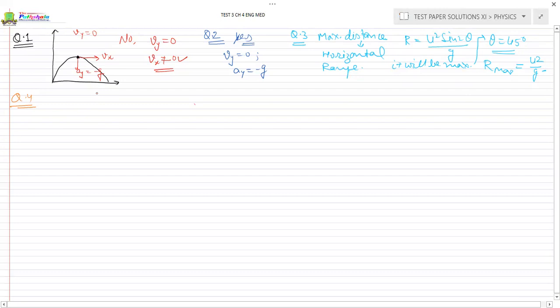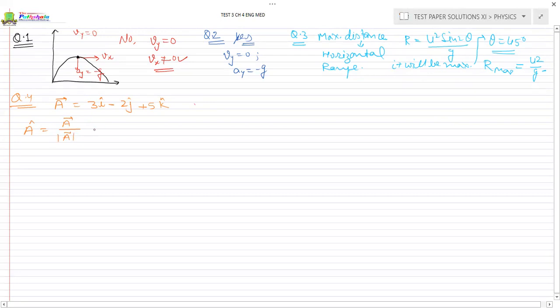Find the unit vector of the vector A, which is given to you as 3i cap minus 2j cap plus 5k cap. We want to find the unit vector, and the unit vector is given by the vector upon its magnitude.